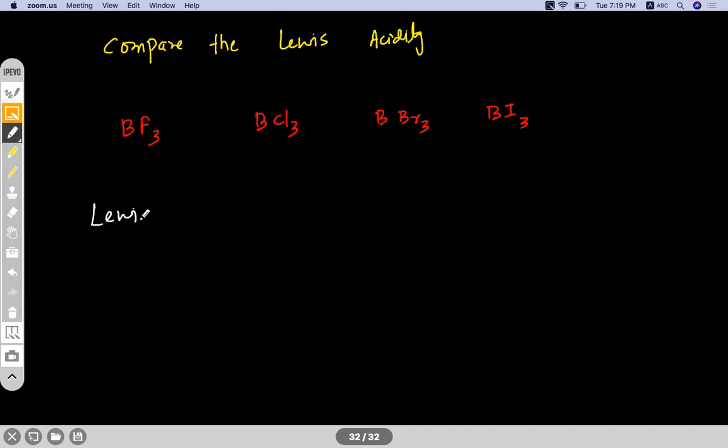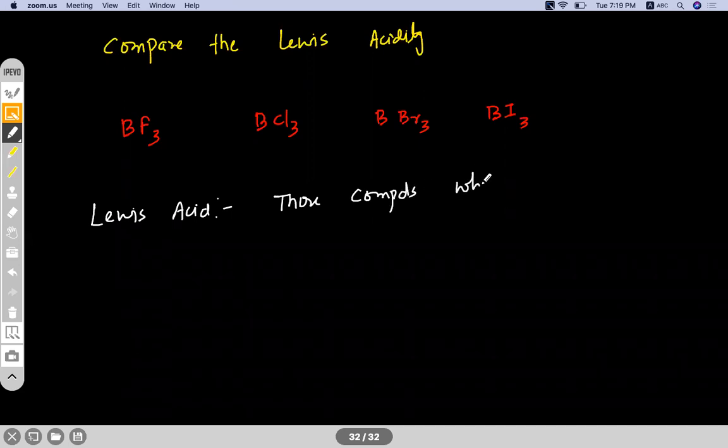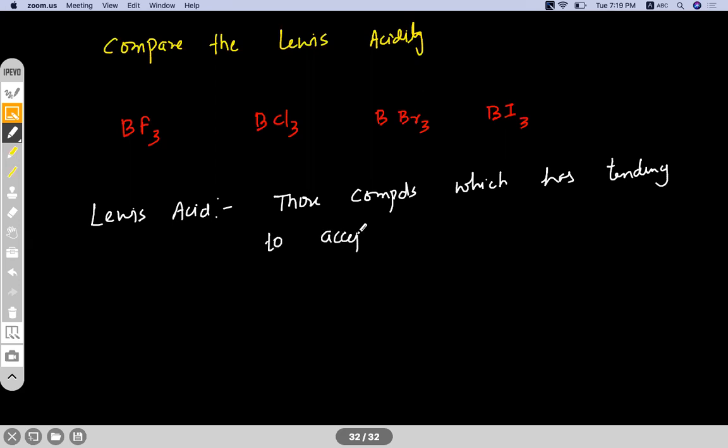Lewis acids are those compounds which have the tendency to accept a pair of electrons.